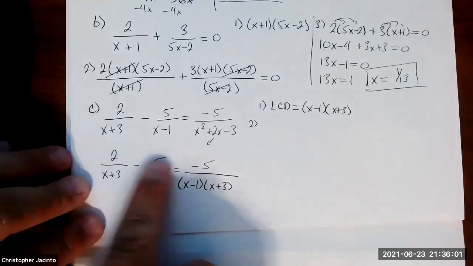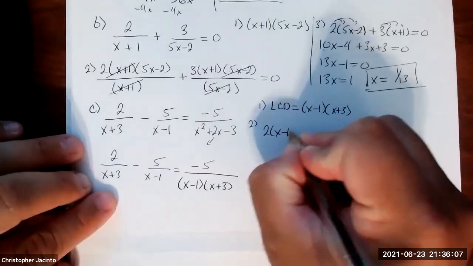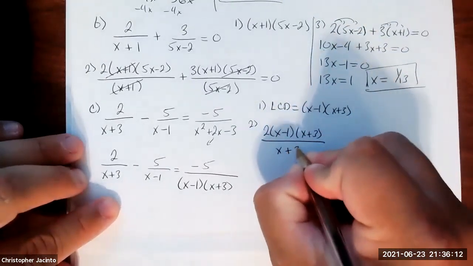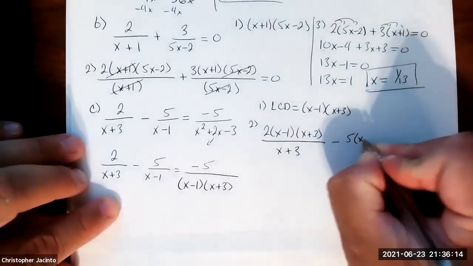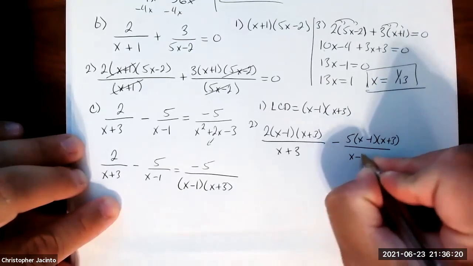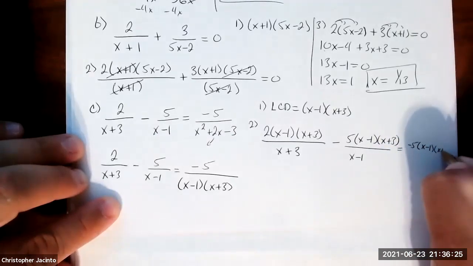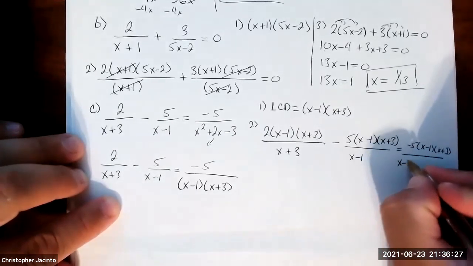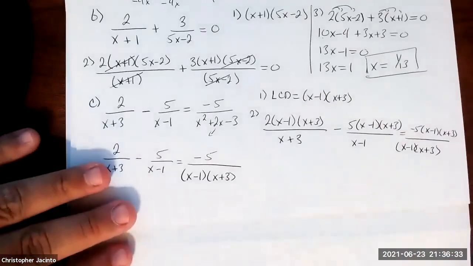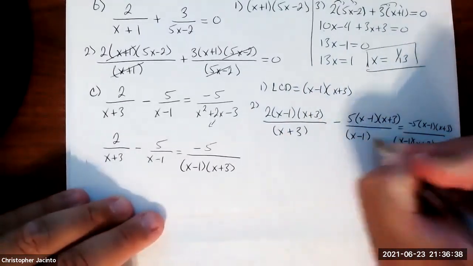So now on to step 2. We multiply all the tops by our LCD. So it'd be 2 times all of this. Again, we're really going to multiply, because just like the last question, it's going to cancel stuff out. And then just like the last part B, I see what cancels.